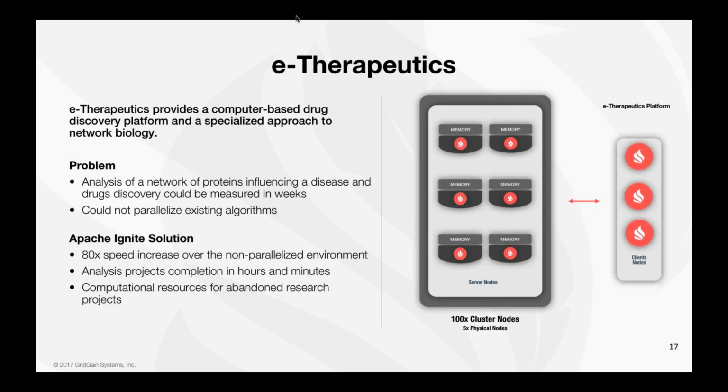Here's a summary in a single slide. We'll look at some of these areas in a bit more detail shortly. The key problem they have is that a lot of this analysis, of proteins and molecules that influence the kind of diseases we may find ourselves with, needs a better way to be done.